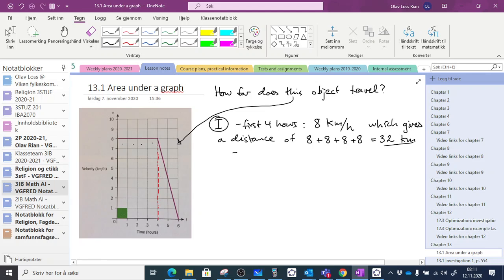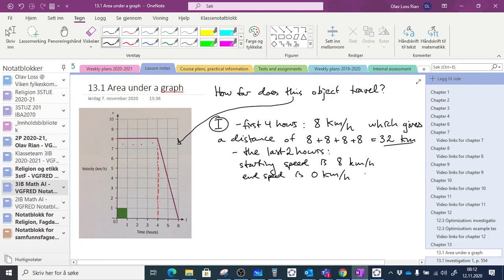Now, for the last 2 hours, the starting speed is 8 kilometers per hour, and the end speed is 0 kilometers per hour.